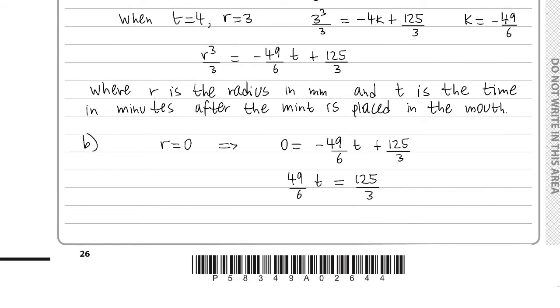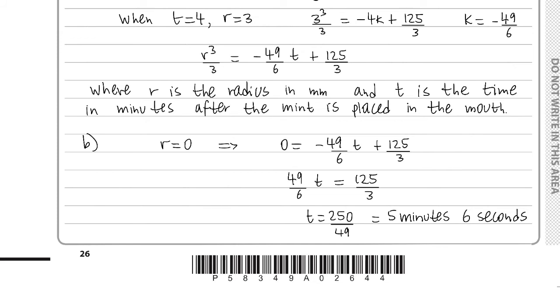So if we just solve this one, we get t to be 250 over 49, which we can convert into minutes and seconds. It's 5 minutes and 6 seconds. That's the time in minutes and seconds to the nearest second.